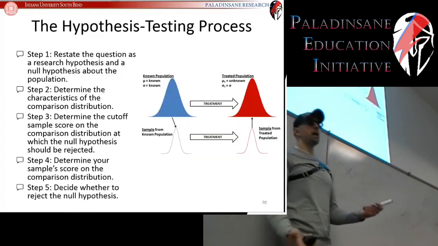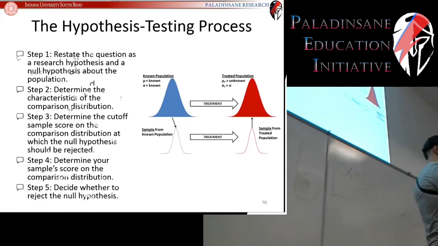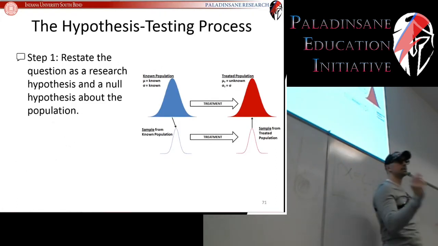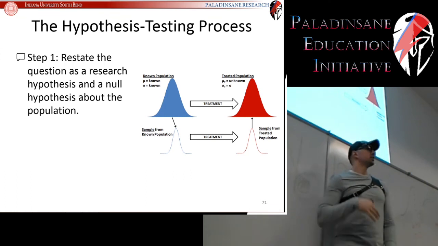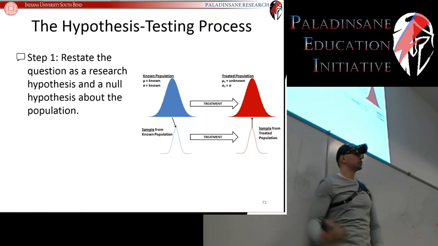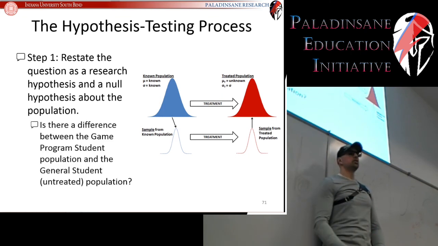But the first step, the null hypothesis and the research hypothesis, stays the same, because we're still asking the same question. Sure, we looked at the data incorrectly, but the question still remains: is there a difference between the games program and the general student population? Is there a difference between those two populations? So our research hypothesis stays the same.